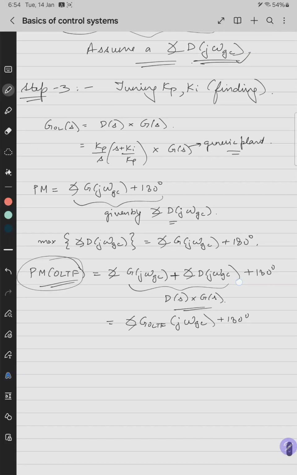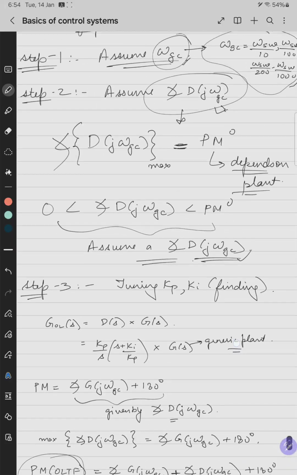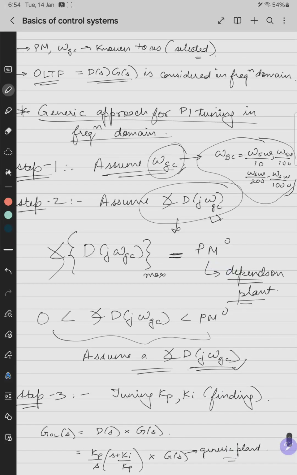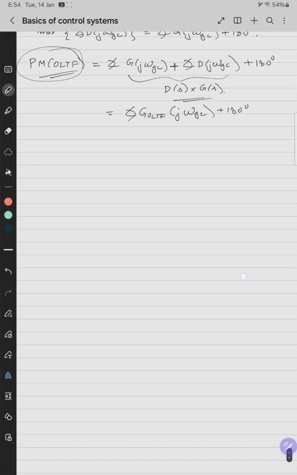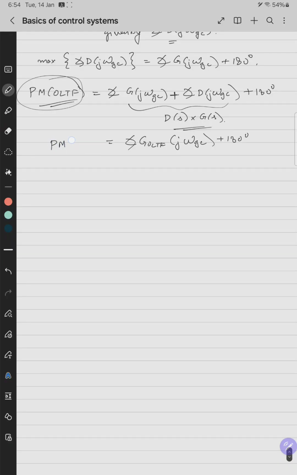This is the one which you are assuming. You are assuming the angle given by the controller, which is nothing but the phase margin of the OLTF. In step 2, you are assuming the phase margin at OLTF.